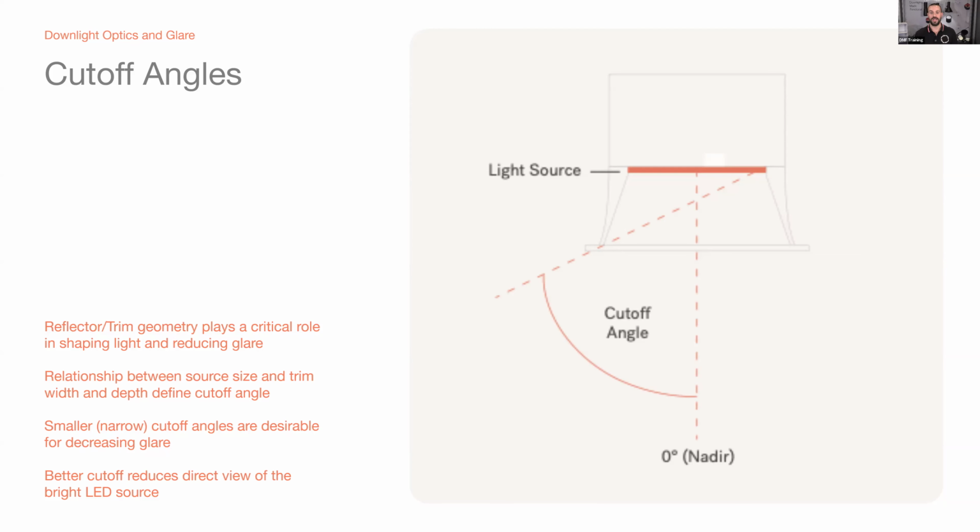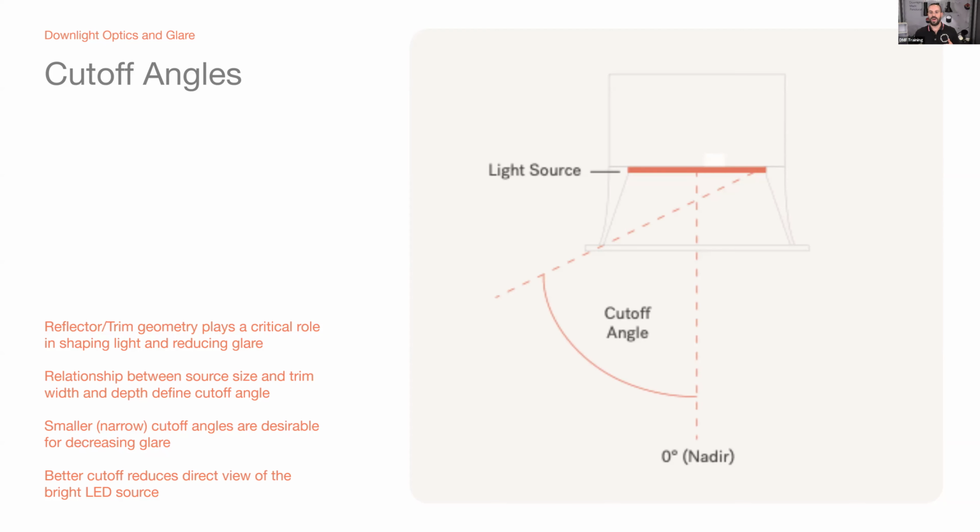But generally, here at DMF, we refer to cutoff angle as the angle that you see here on the screen. It's measured from the nadir of the fixture, which is essentially the perpendicular line going straight to the ground, and then the angle at which you can no longer see the LED and the open source. Typically in our downlights, that tends to be a lens or an optic that sits right behind the trim, at the corner where the trim and the optic meet.